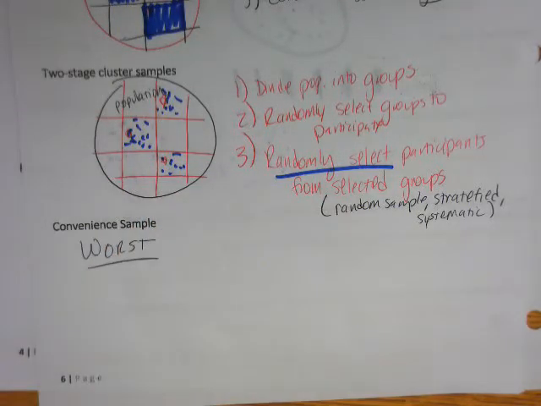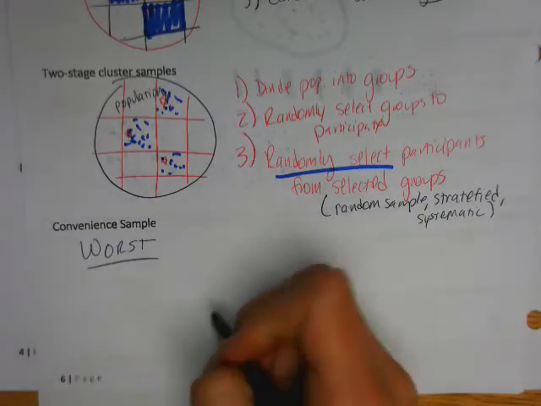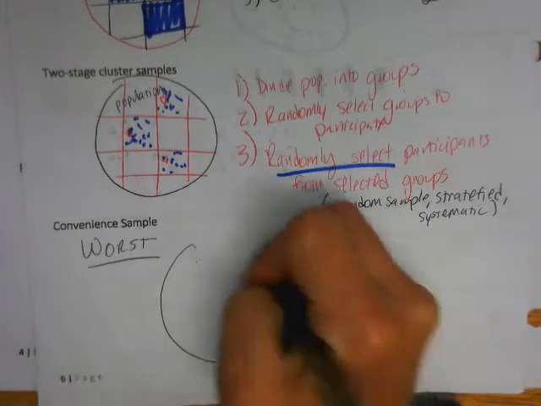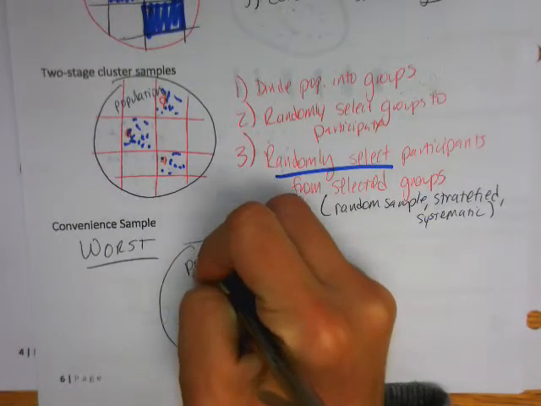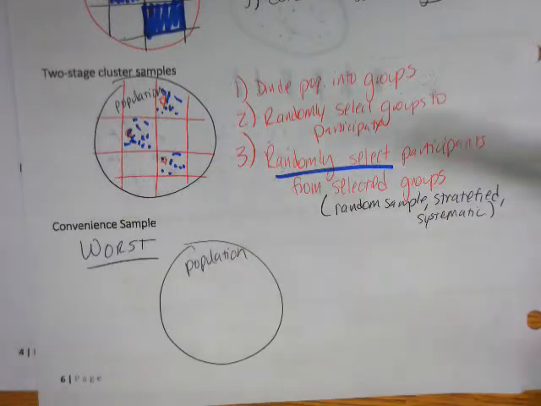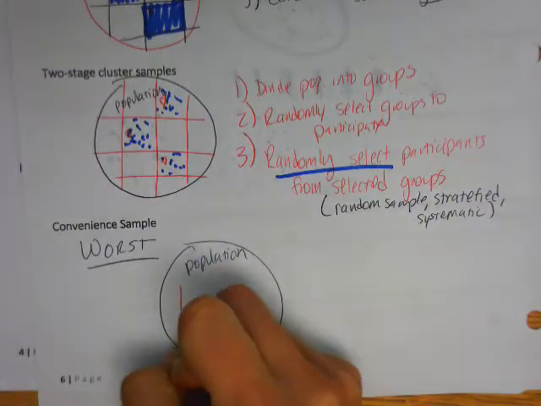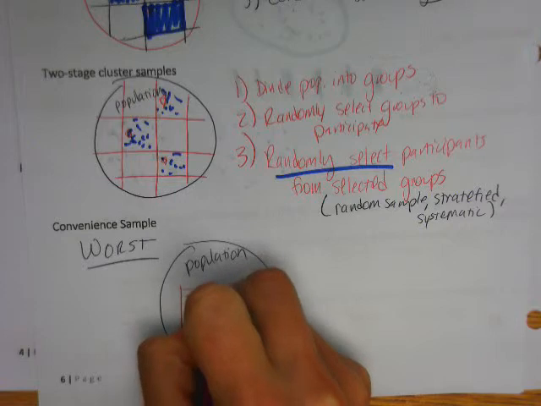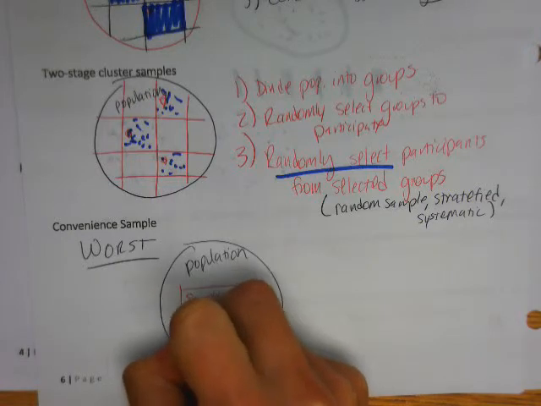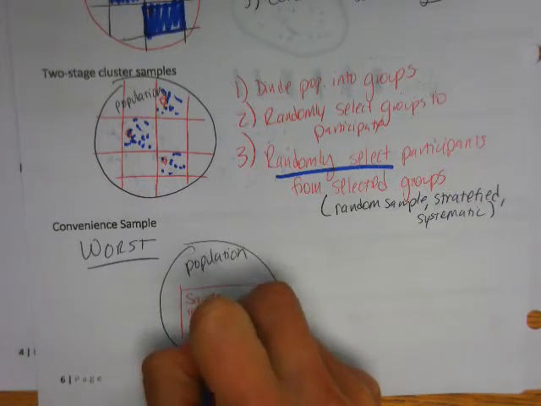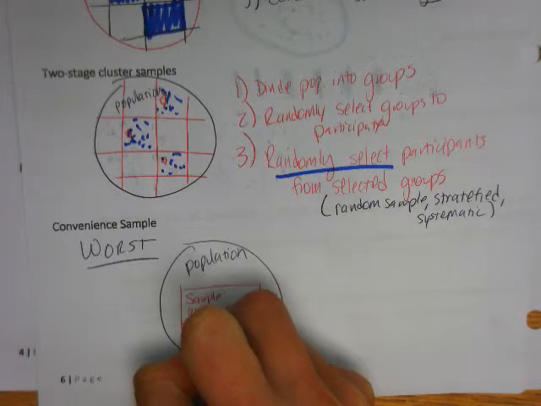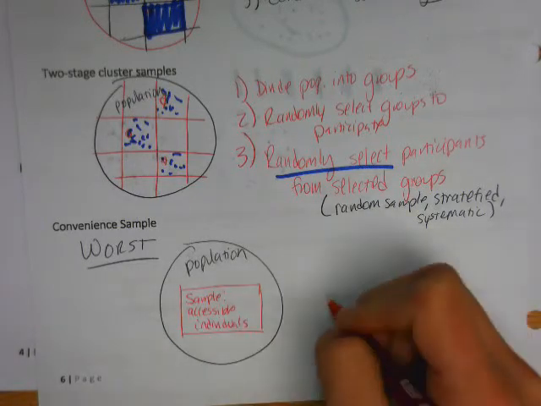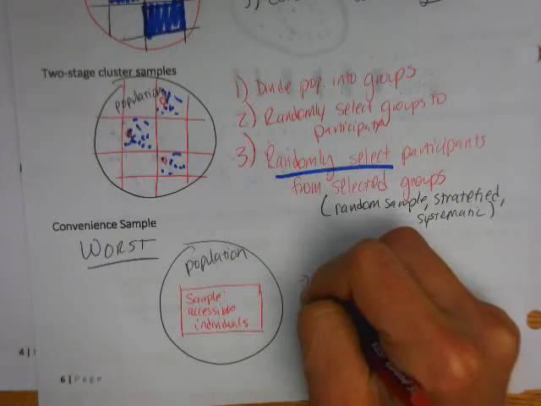And the last one, and this is the worst one, is the convenient sample. And that's if, let's say you have your population, and for your sample, you choose accessible individuals.